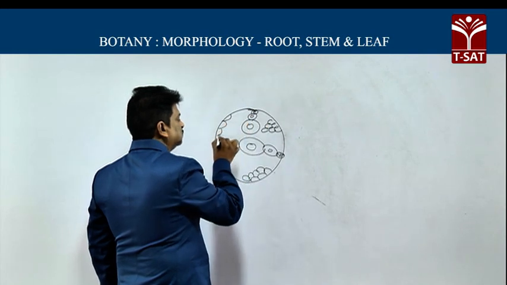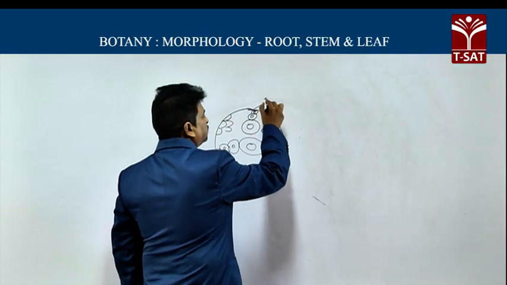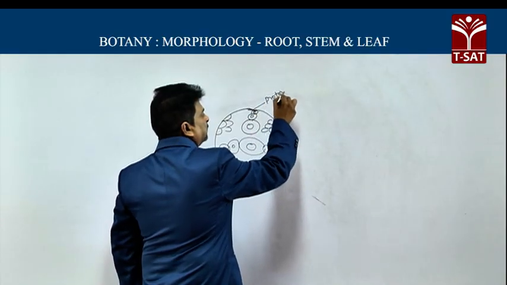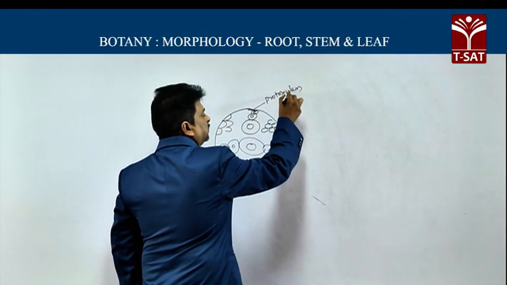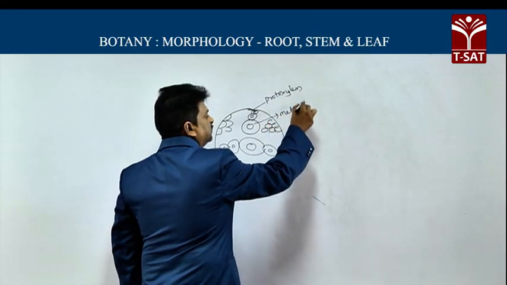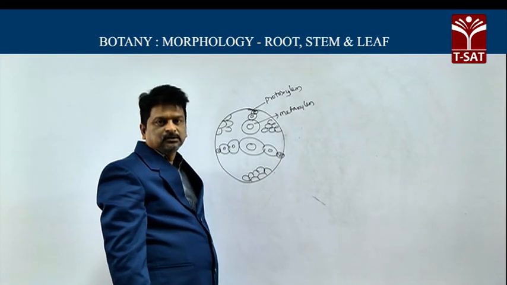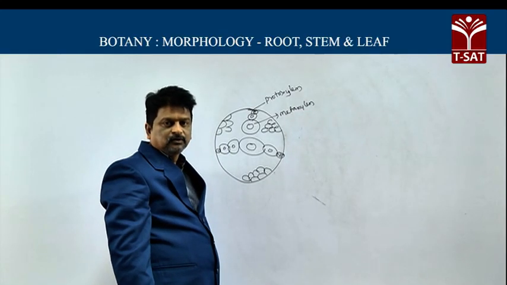And in roots, xylem is exarch. Exarch means protoxylem is towards the outside and metaxylem towards the inside. Such a condition is called exarch. So finally, in roots, vascular bundles are radial and exarch.